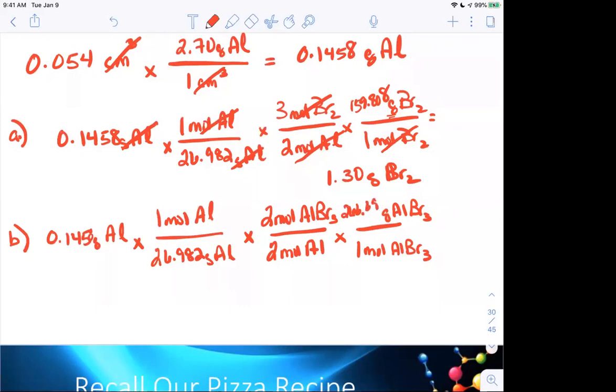So let's check. Grams of aluminum cancel, moles of aluminum cancel, moles of AlBr3 cancels with moles of AlBr3.